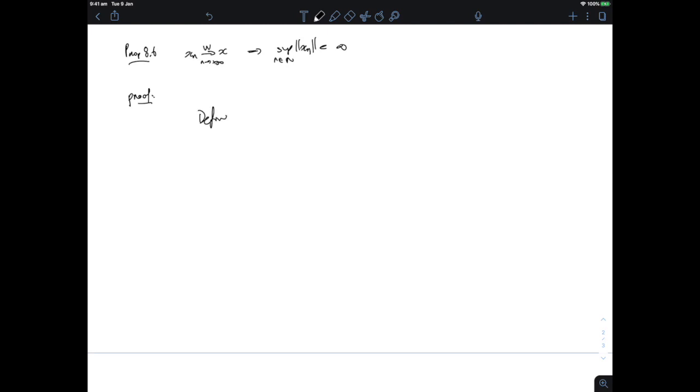Well, I'm going to define a sequence of linear maps from X star into R that take a functional x star to the duality product of x star with xn, given my sequence xn that is weakly converging. Now, for every x star in capital X star, what can I say about the sup over n of the absolute value of Tn of x star?